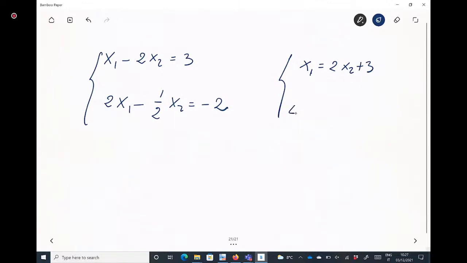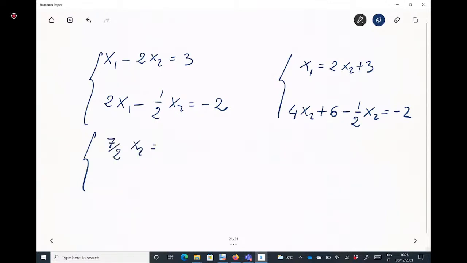So 2x1 becomes 4x2 plus 6, minus 1/2 x2 equal to minus 2. Now, focus on the second equation. 4 is 8 over 2, minus 1 over 2, it's 7 over 2.